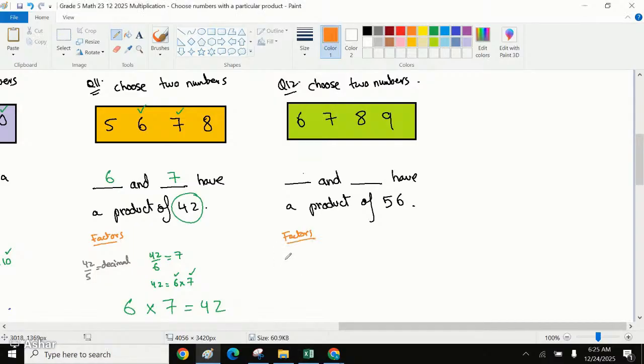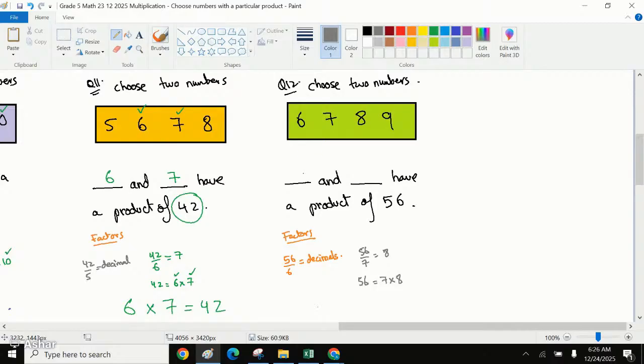Can 56 be perfectly divisible by 6? When we divide 56 by 6, we get the answer in decimals. We do not have a whole number as an answer. So let's try 7. When 56 is divided by 7, the answer comes out to be 8. That means 56 can be written as 7 multiplied by 8.